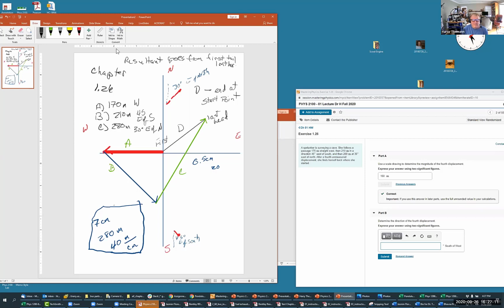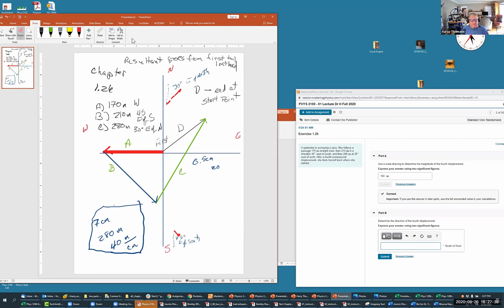Since I had convinced myself that D was the resultant, I was forcing the explanation, and it just wasn't true. So yeah, this is not relevant. D has to end at the origin.